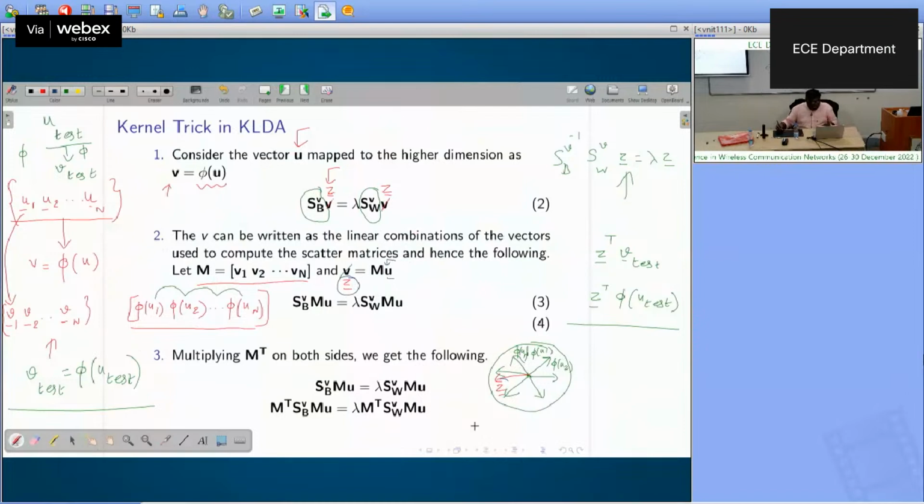Let us say the constants are alpha 1 phi of U1 plus alpha 2 phi of U2, and so on, up to alpha n phi of UN, right? And these alphas in a column form like this, alpha n, make up that vector U.